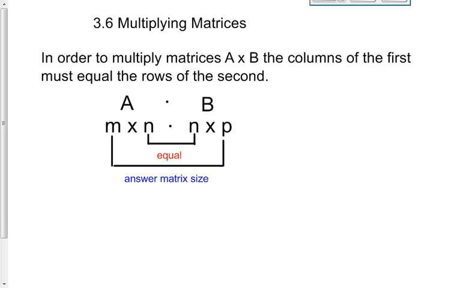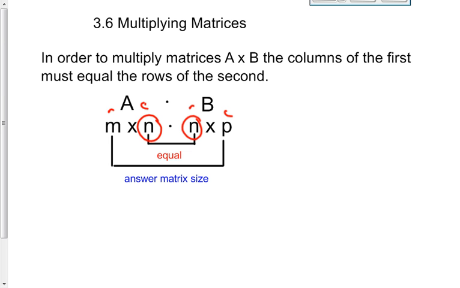What you have to do is look at the number of columns in the first matrix. That's this one. It always goes row, column. The number of columns in the first matrix has to be equal to the number of rows from the second matrix.